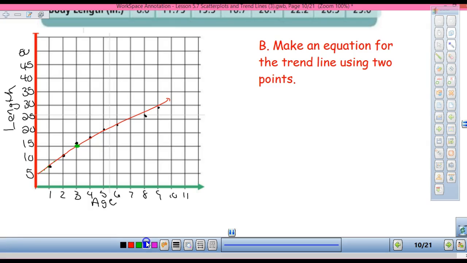All right, so this one is 3 and 15. So I'm going to put down 3, 15. So there's 1 point. And I need another point that is fairly perfect, which I see about right here. I don't have 8, 30. I have 9, 30. I'm doing 9 and 30.